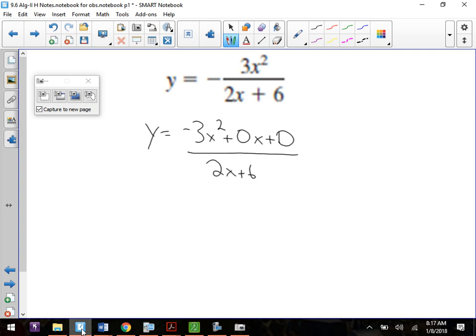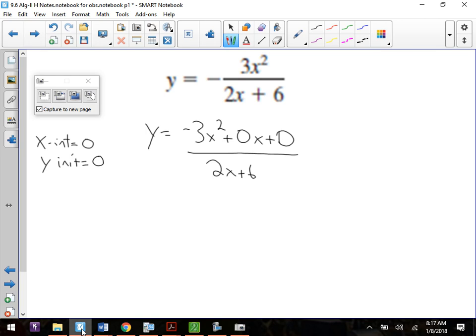X-intercept, 0 of the numerator: 0. Y-intercept: 0. The y-intercept is when x is 0.